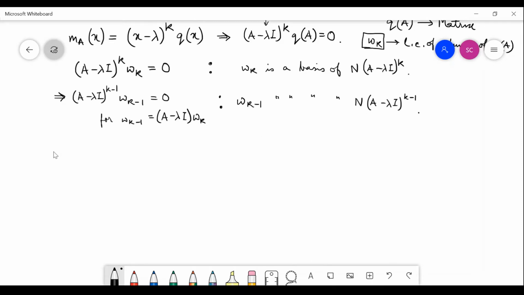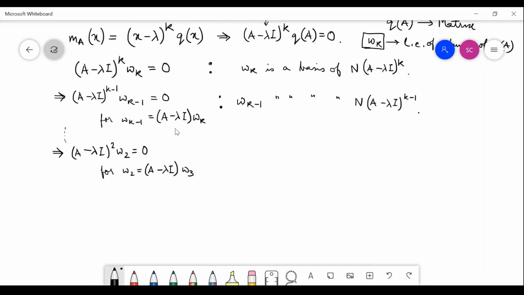From here again you can carry on doing this, and subsequently you will get A minus lambda I squared omega 2, or W2, for W2 equal to A minus lambda I W3.